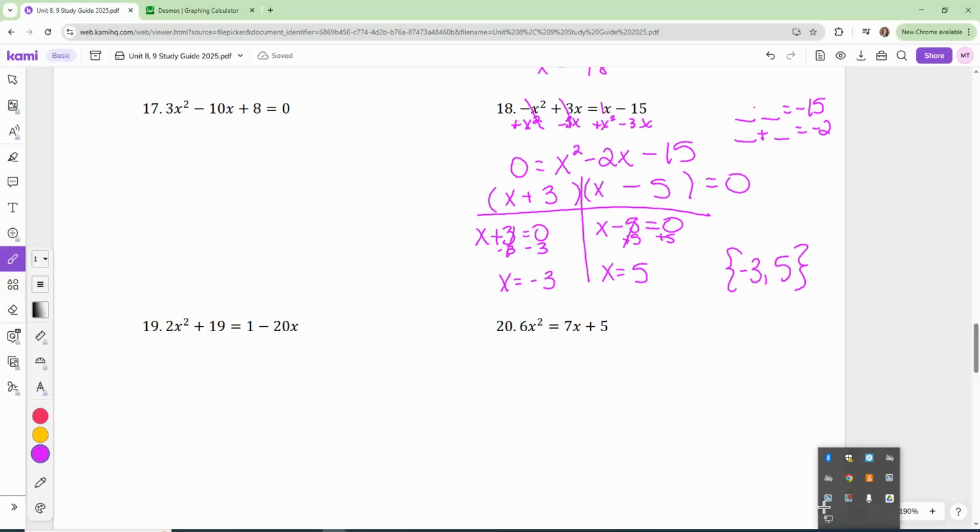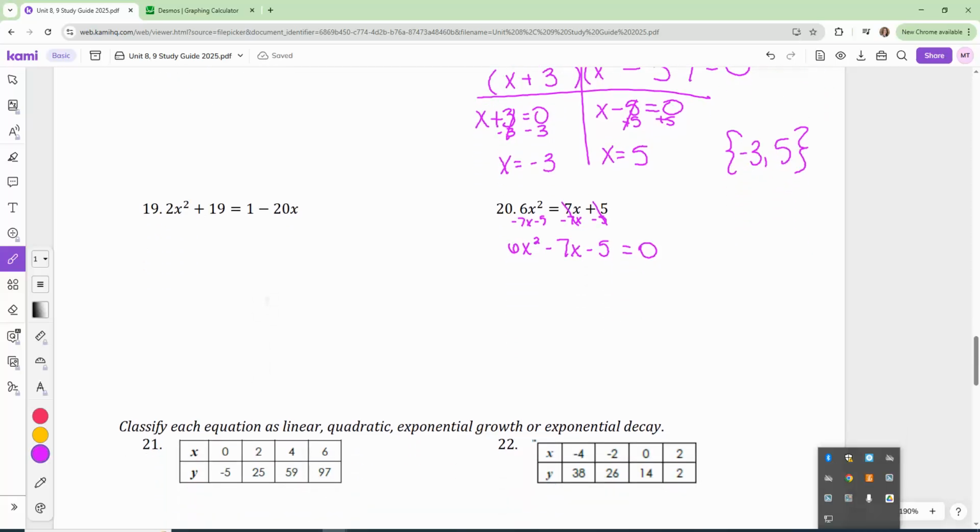Let's go ahead and do 20 together. We need it equal to 0, so I'm going to subtract both the 7x and the 5. So that's 6x squared minus 7x minus 5 equals 0. We don't have a greatest common factor. Nothing comes out of all those.